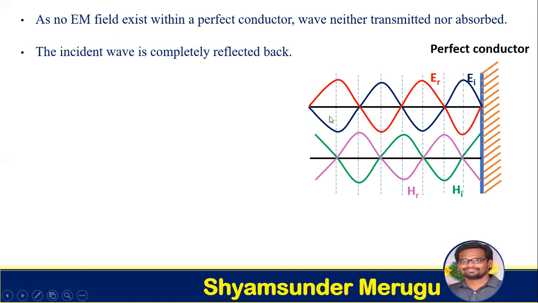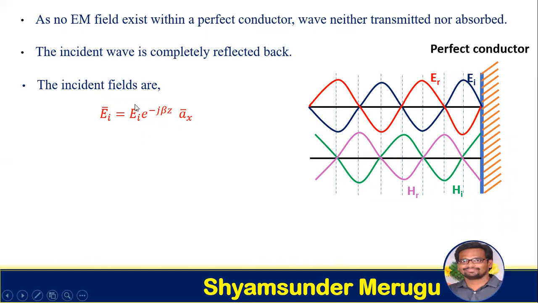In this particular picture, the blue color indicates the incident electric field and the red color indicates the reflected electric field. In the same way, the green and purple colors indicate the incident and reflected magnetic fields respectively. The incident fields we can write as E_I bar equivalent to E_I e power minus j beta z a_x bar.